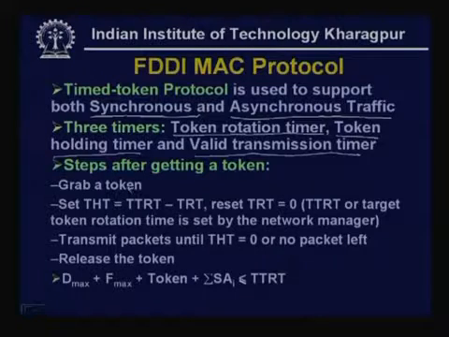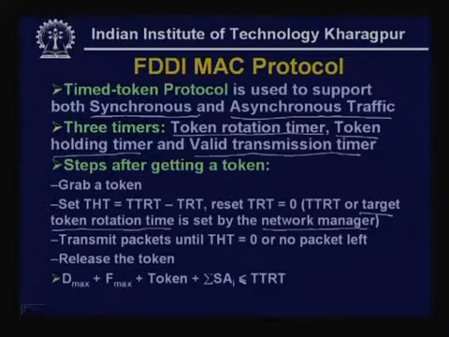As you can see, a station waits for a token. After a token is received, it grabs the token, then the token rotation timer is set equal to TTRT, that is the target token rotation time, which is usually set by the network manager and which is larger than the total propagation time of the ring.